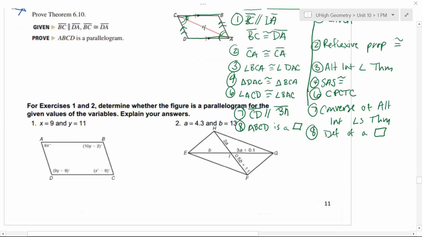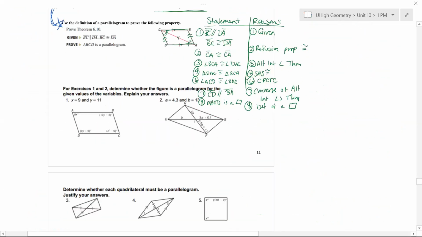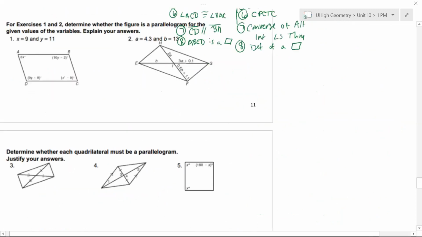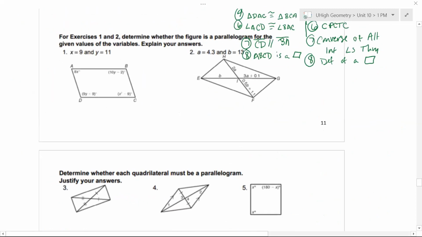All right, so what I want to do for the rest of our lesson today is do these next 5 problems. We are wanting to determine if the figure is a parallelogram.